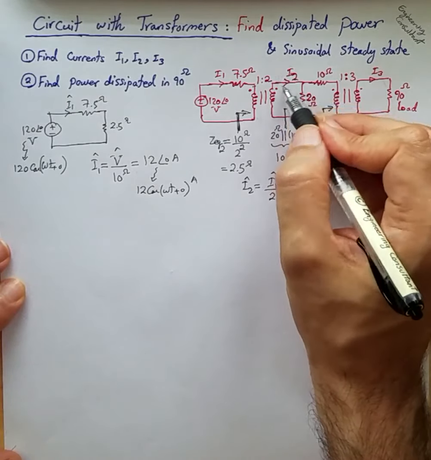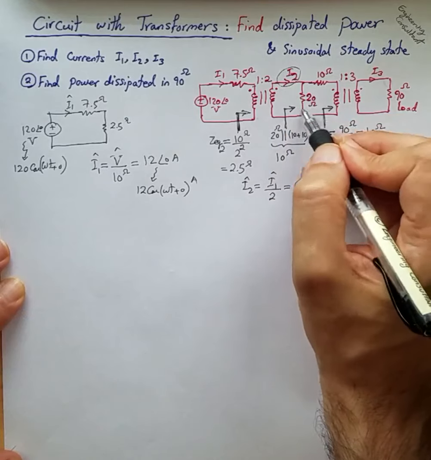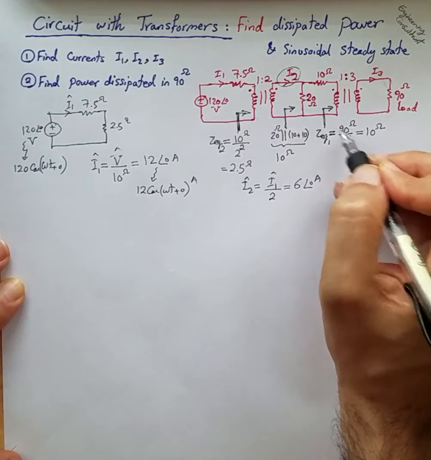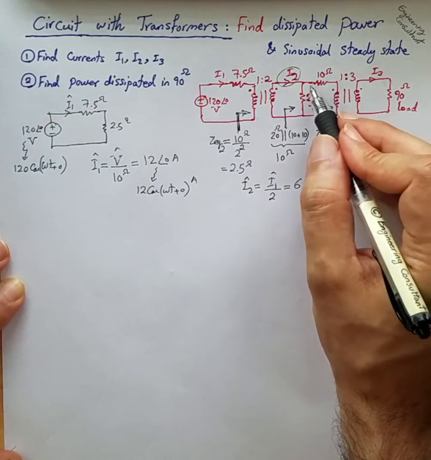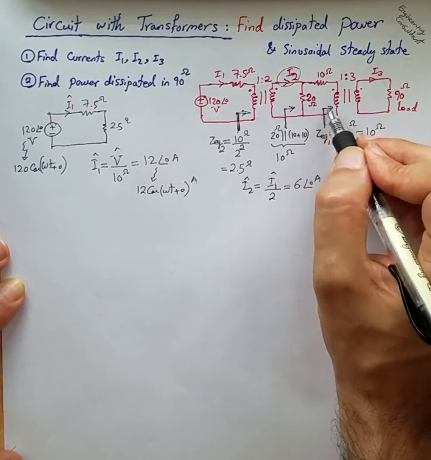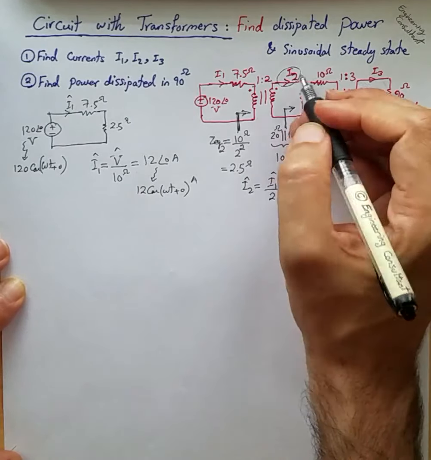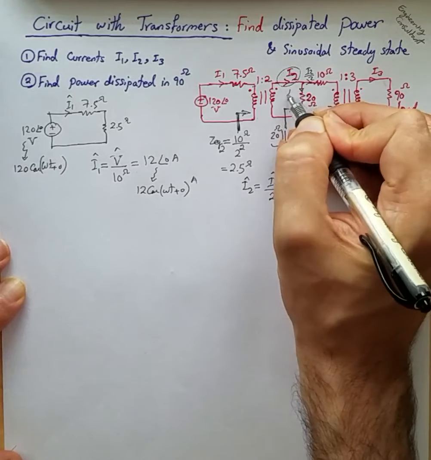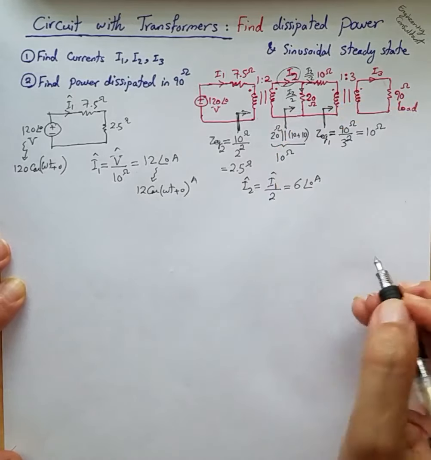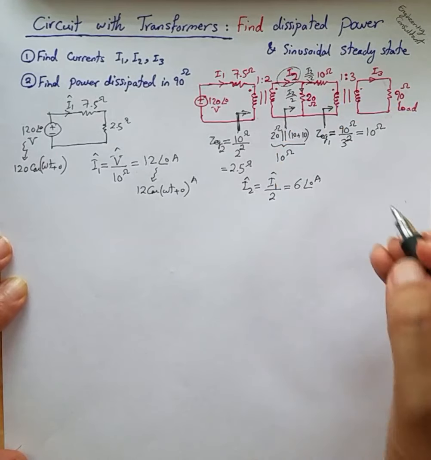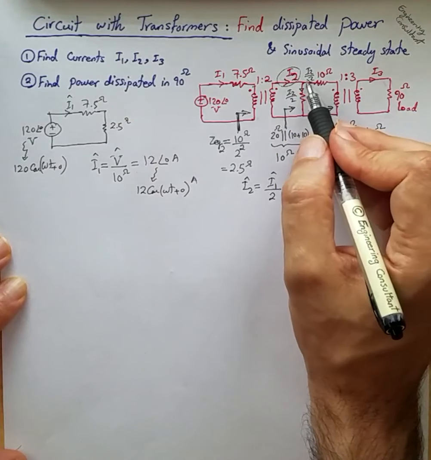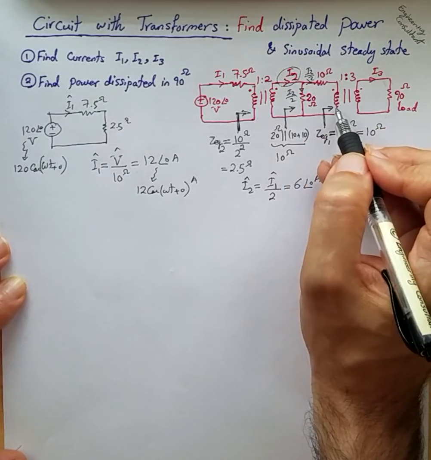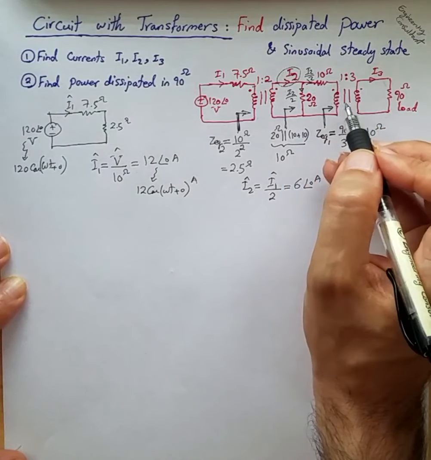Now we get to this point, and here we have a 20 ohm, but at the same time we notice that Z equivalent 1 is 10 ohm plus 10 ohm here. So there is 20 ohm in parallel with 20 ohm. Whatever current flows, it's going to be I2 divided by 2 and I2 divided by 2. This I2 divided by 2 is the one that flows through the left of this 1 to 3 transformer.